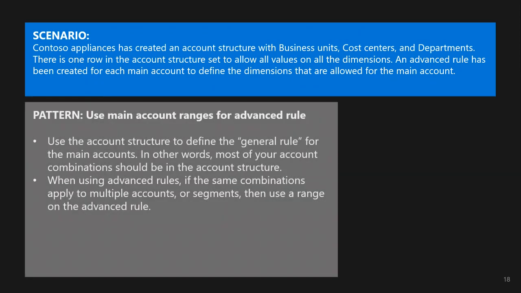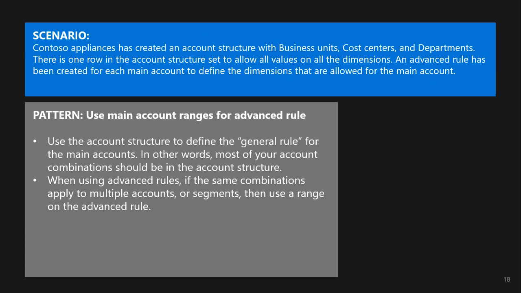We should use main account ranges for the advanced rules and not have so many main rules. Almost all the rules for account structures also apply to advanced rules. So you definitely do not want to have an advanced rule for each main account.